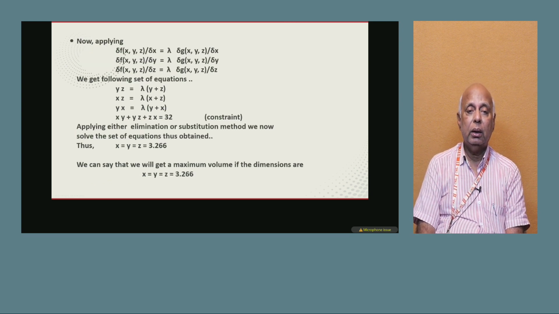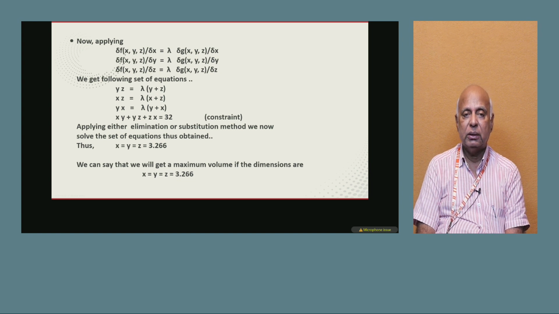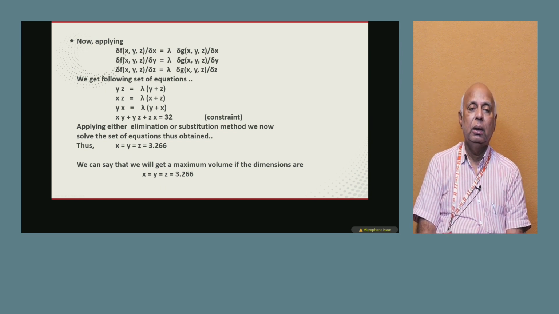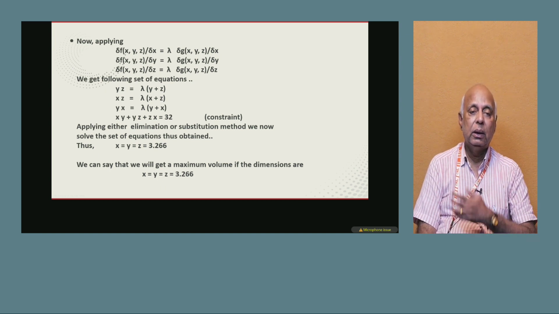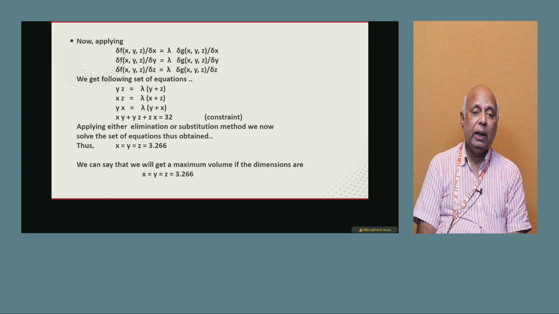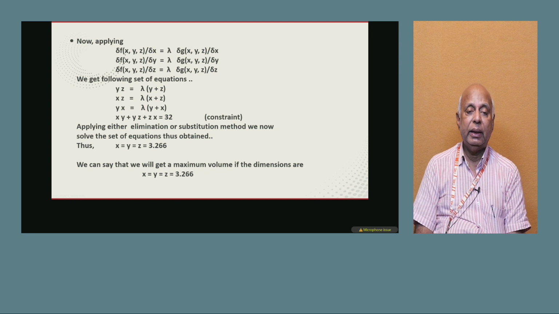The partial derivative of f with respect to x is equal to lambda times the partial derivative of g with respect to x. Similarly, the partial derivative of f with respect to y is lambda times the partial derivative of g with respect to y, and even for z also. Ultimately, the equations we get are yz, zx and xy, as given like this, subject to the constraints. That means the length, width and height are found to be 3.266.